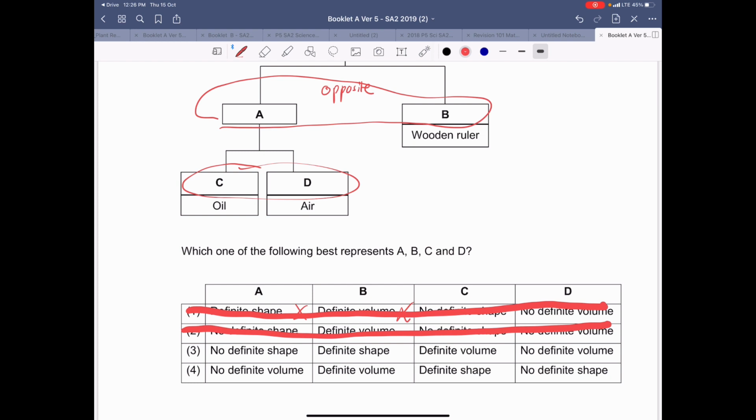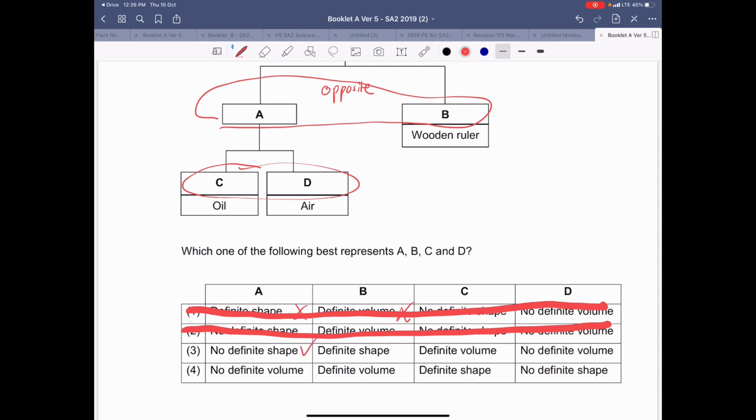Then you look at 3 and 4. A is talking about no definite shape. B is talking about definite shape. At least they are opposite. And then after that, you continue to check. Under A, you have C, you have oil and air. Oil and air, they both do not have a definite shape. So does it fit the description of A for option 3? Yes.